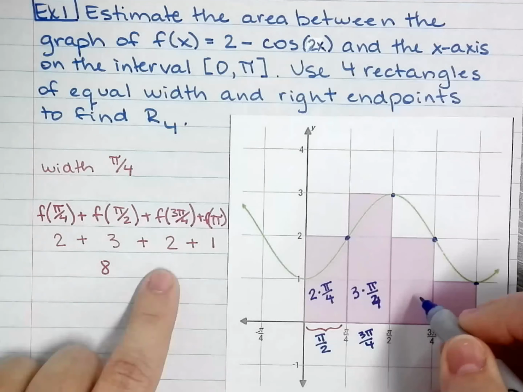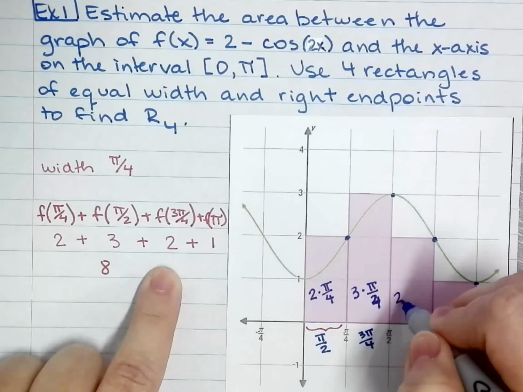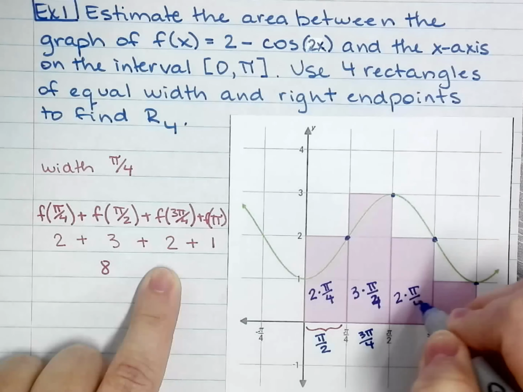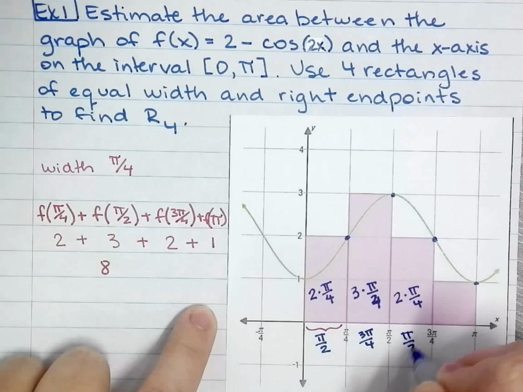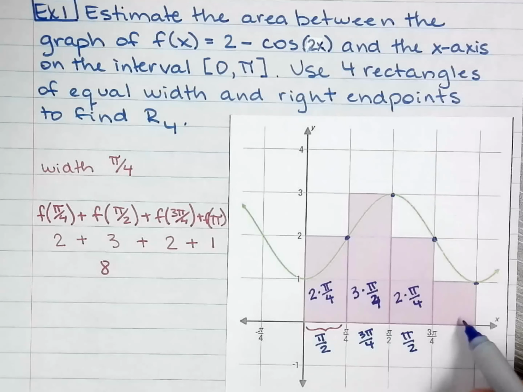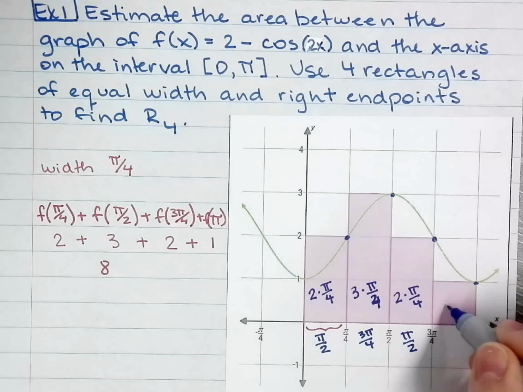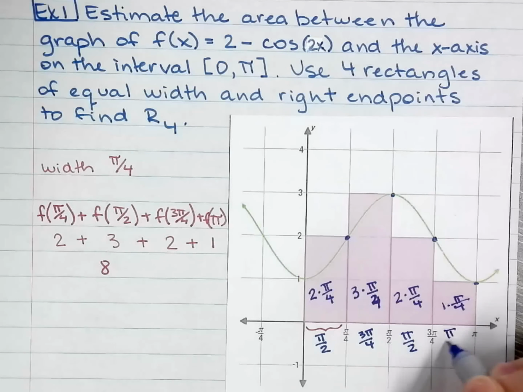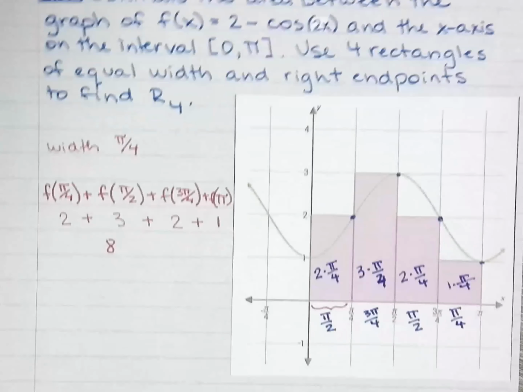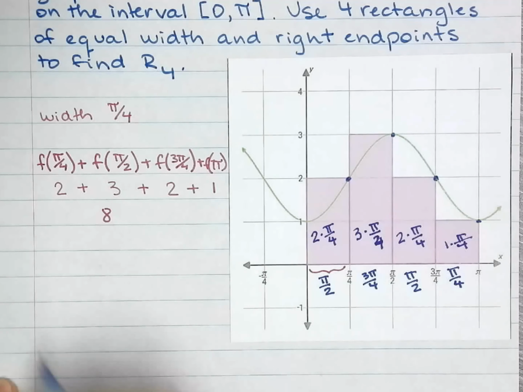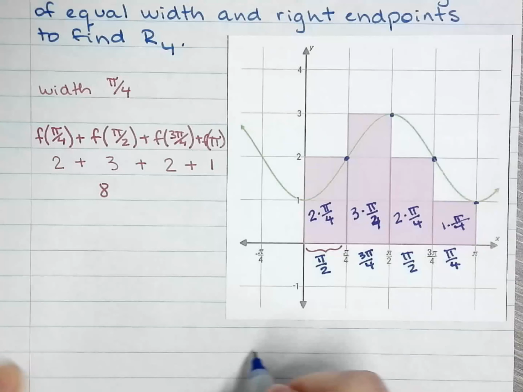The next one is the same as this one. So 2 times pi over 4, the area is pi over 2. And this one is 1 times pi over 4, so just pi over 4. Now I will add it all up right here.